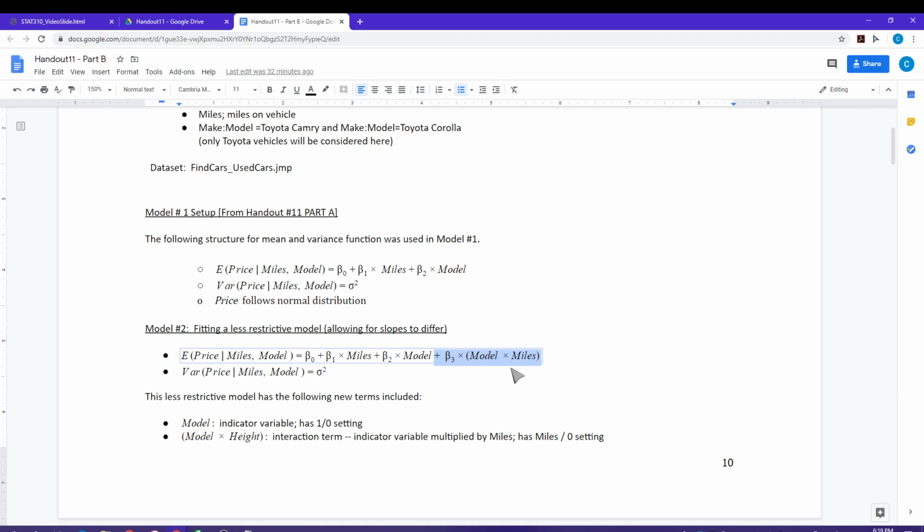Now that last term is called an interaction term, and that term is going to allow for the slopes to be different from one another. The form of model here is an indicator again, which just has a 1 or a 0 setting. The interaction term is either going to be miles, so this should be miles here, sorry about that, it's a typo, copy and paste.